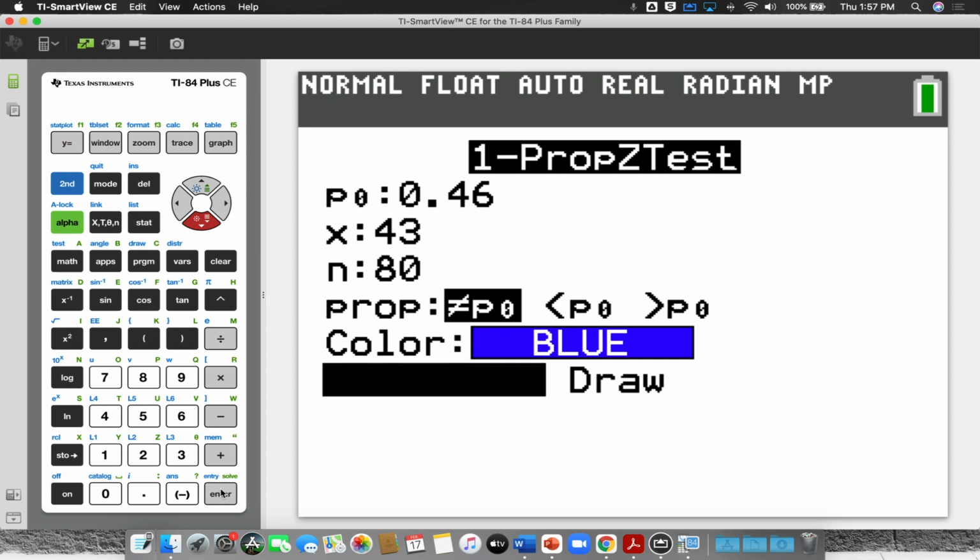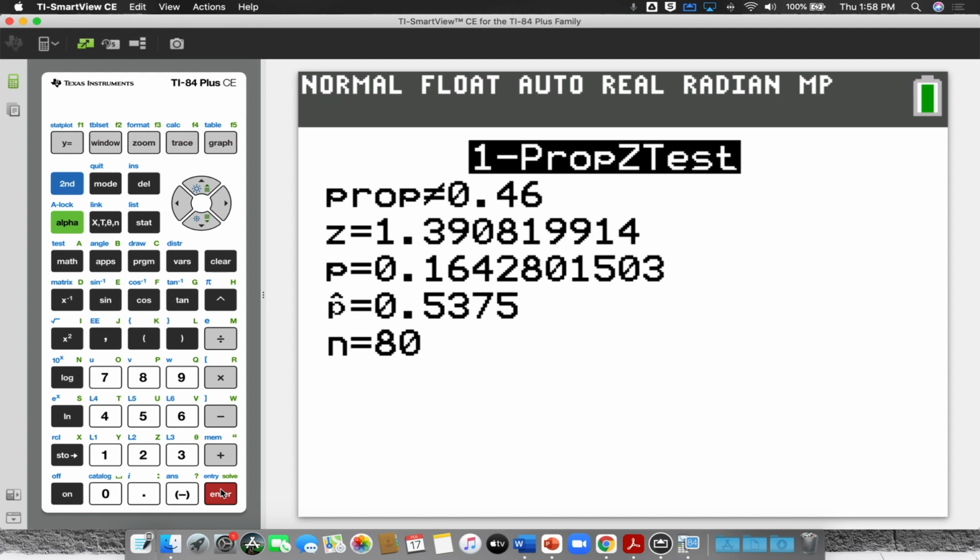Not equal to? Again, you can go calculate or draw. It doesn't matter which one you do. Calculate gives you a little more data. Draw gives you a picture. That's the only difference. So we know that our z-score for p hat 0.538 is 1.39. The other z-score would be negative 1.39, and then we know our p-value overall is going to be 0.1643.